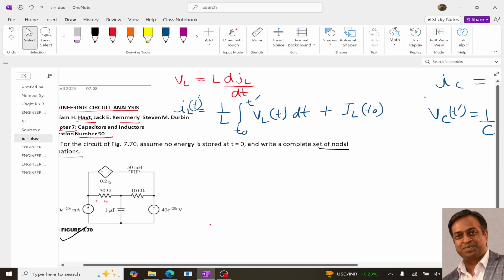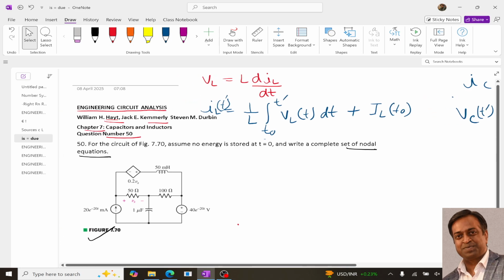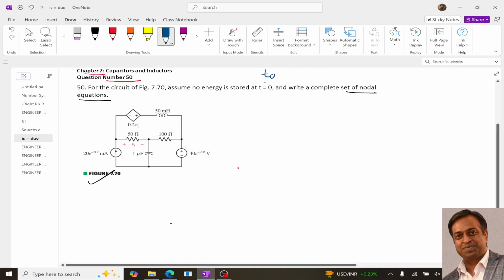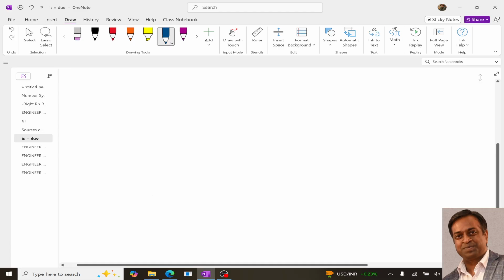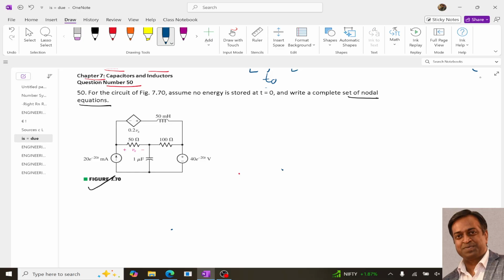So using these expressions for the inductor and the capacitor, we can simply write the nodal equation. If we come back to this particular circuit, we know how we write the nodal equations: the first step is to identify the nodes.